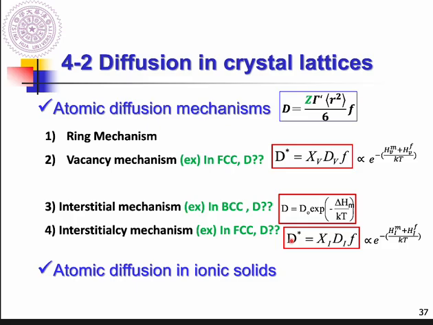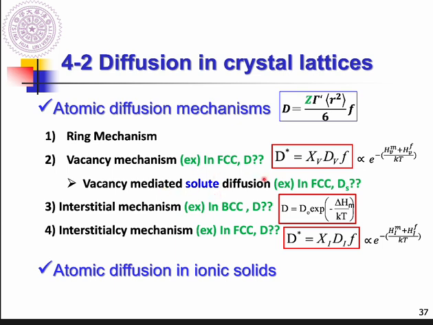Okay. So we are almost done with the four typical diffusion mechanisms, but there is still one more, for supplementary reference: the vacancy mediated solute diffusion. It's also vacancy, but the difference is that we have a solute atom. Solute actually means you dope something, right?